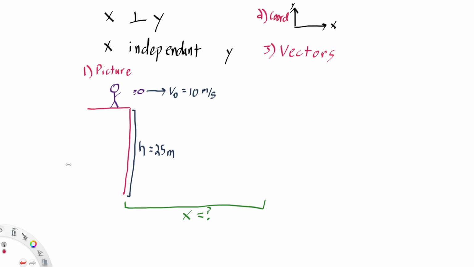We have a few quantities here, but they're all already written entirely in either the x or the y direction. However, it doesn't hurt to write them down that way. So our initial velocity we will write as 10 in the x direction, 0 in the y direction.